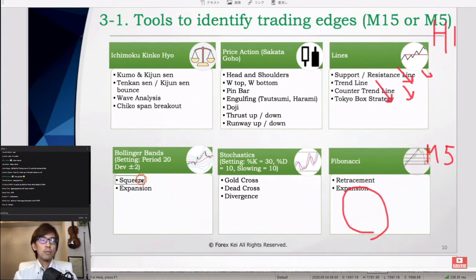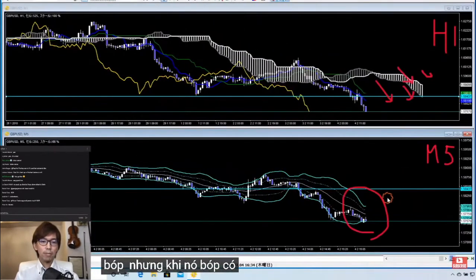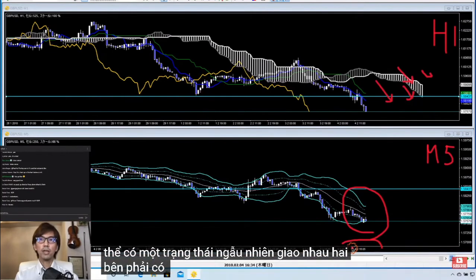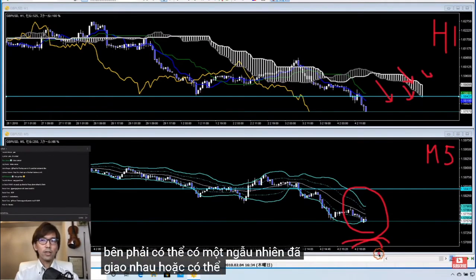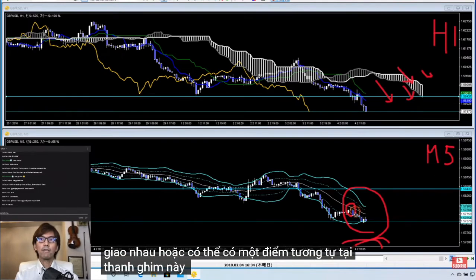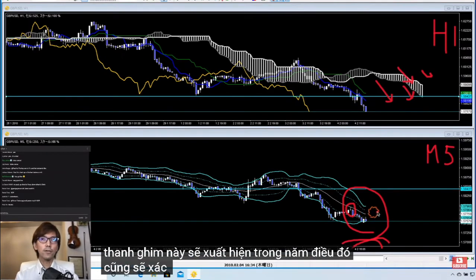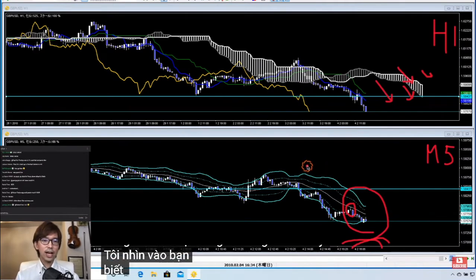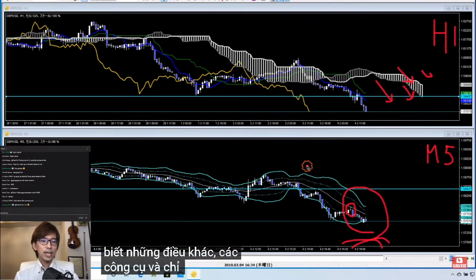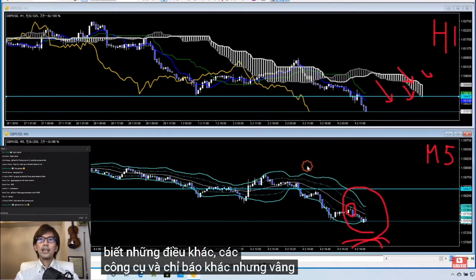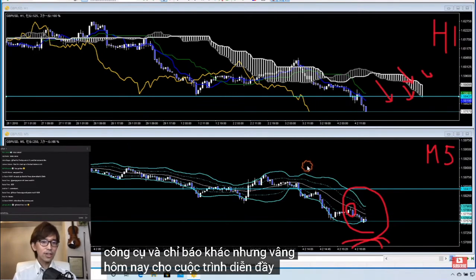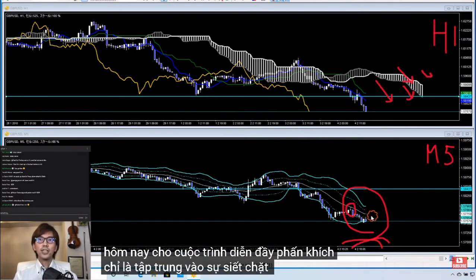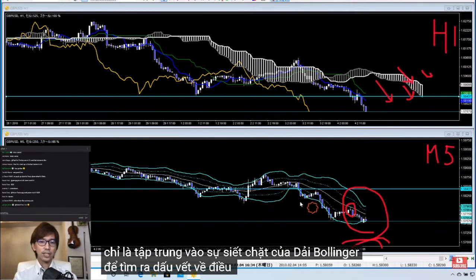This is a demonstration of how I look at the squeeze, but when it squeezes, there might be a stochastic dip cross too, or this pin bar might appear in the 5 that will also confirm me to take a sell here too. So in reality, I look at other things, other instruments and indicators, but today's Forex Tester demonstration is just to focus on the Bollinger Band squeeze and how to take trades on that one.